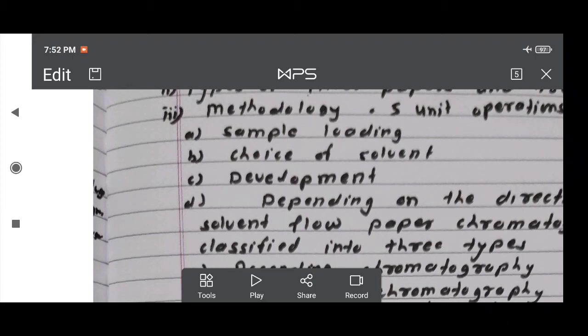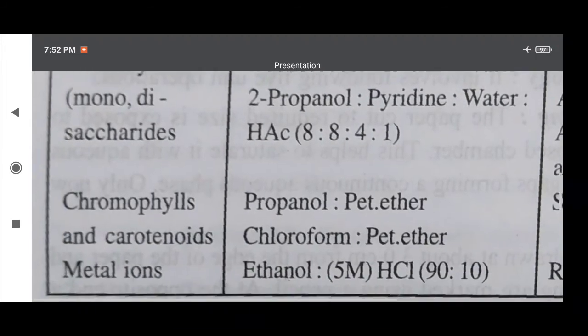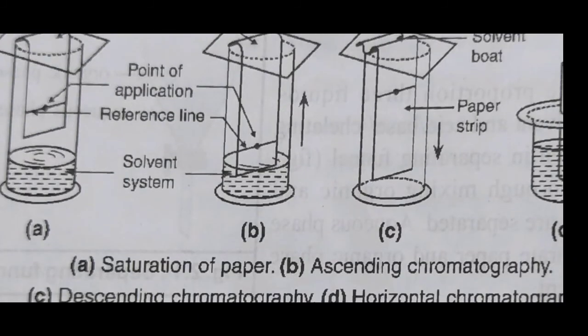Depending on the direction of solvent flow, this chromatography is classified into three types: first is ascending chromatography, second is descending chromatography, and third is radial chromatography. I am showing these types in the diagram here.